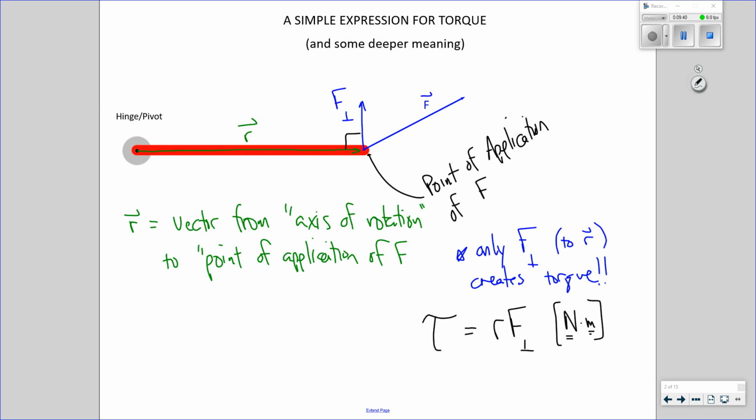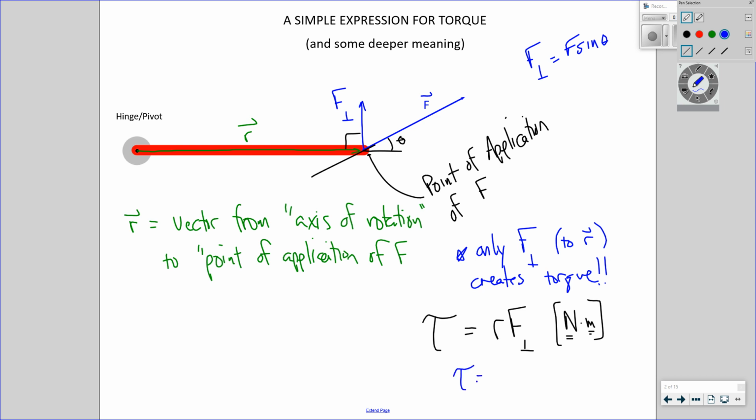Now, in this case, I want you to notice there's an angle that I'll call theta between these two vectors. Here's theta. F perp in this case is going to be F sine theta. So in this case, the torque is r F sine theta.